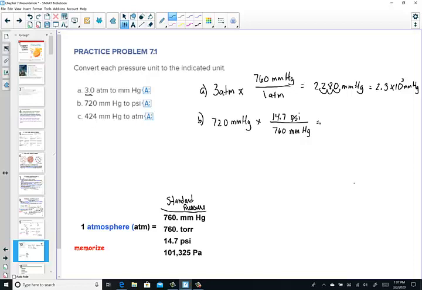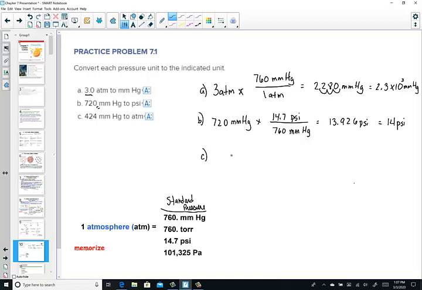So we're going to hit 720 times 14.7 divided by 760. And we get an answer that reads 13.926 if I keep going. But look at, there's no decimal point here. So that really is only 2 sig figs. So if I round this, I can get 14 psi and report with 2 sig figs.